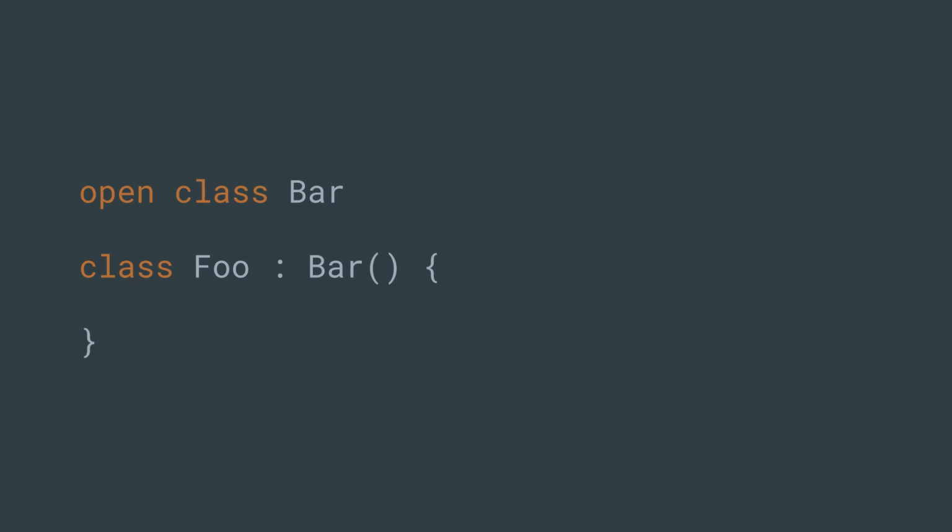In this case, the primary constructor of Bar has no argument, so you just call the empty primary constructor. But you always have to invoke one of the constructors of the parent class here, because this is how the primary constructor of your class will work.